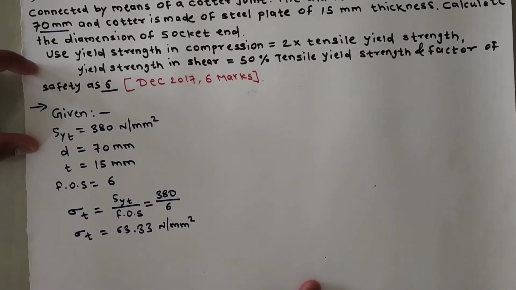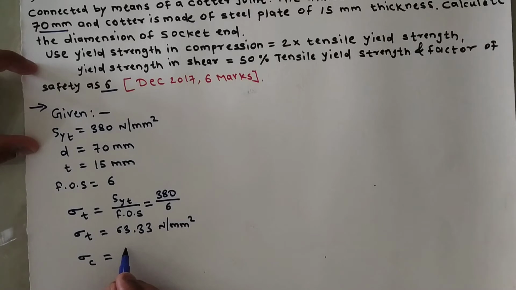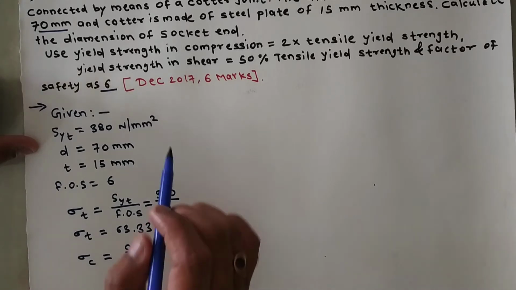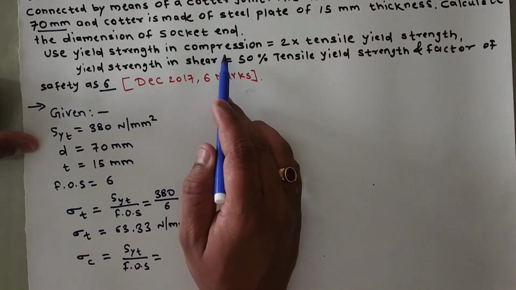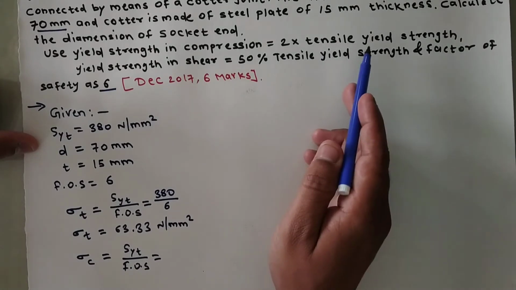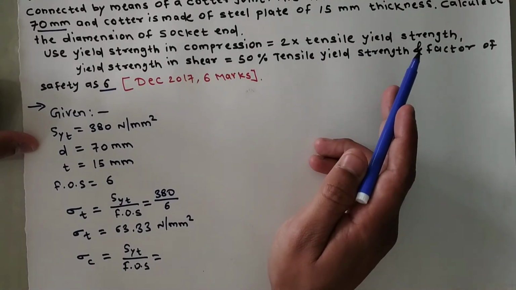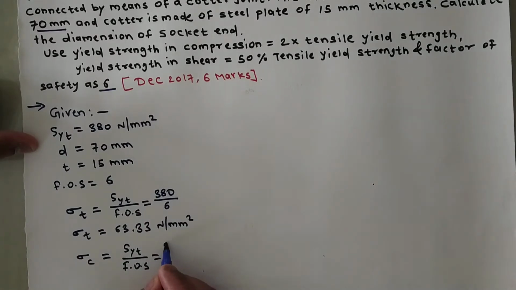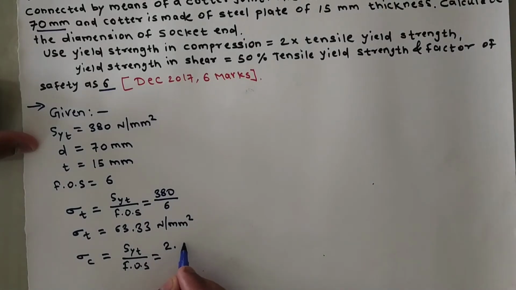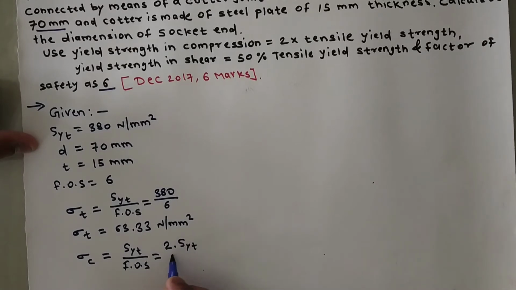Now the compressive stress is SYT divided by factor of safety. The yield strength in compression is given as 2 times the tensile yield strength. So using that relation, 2 times tensile yield strength divided by factor of safety.